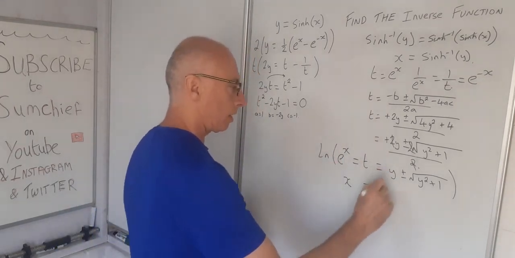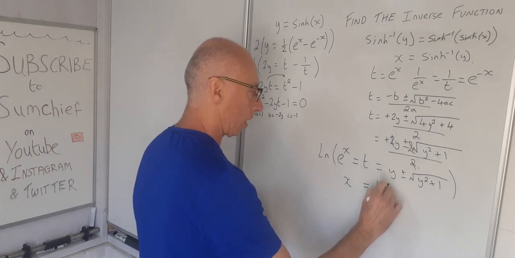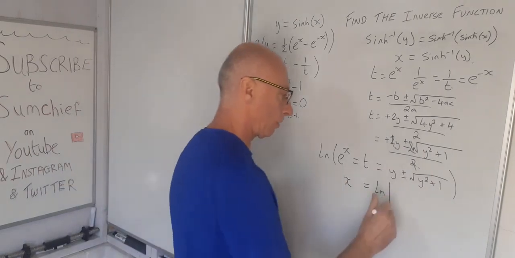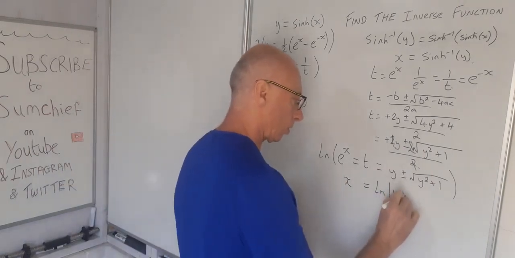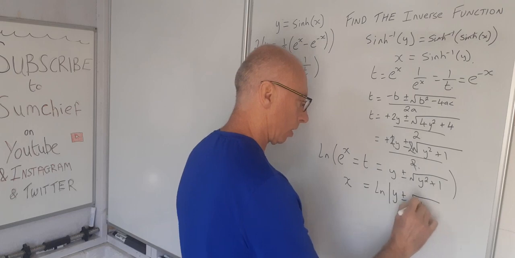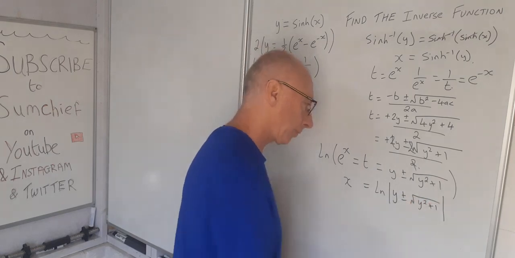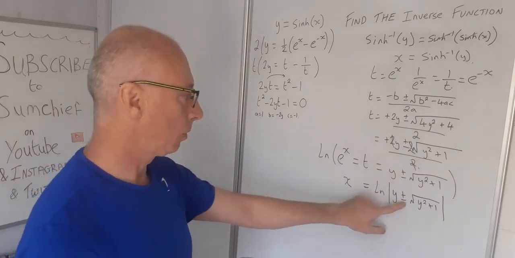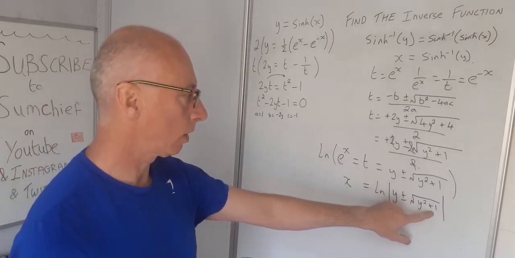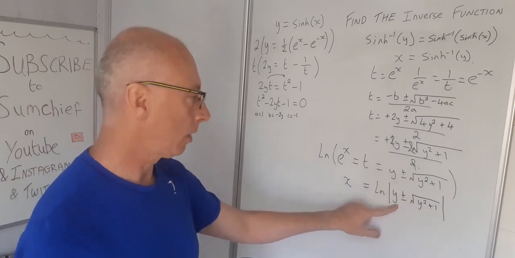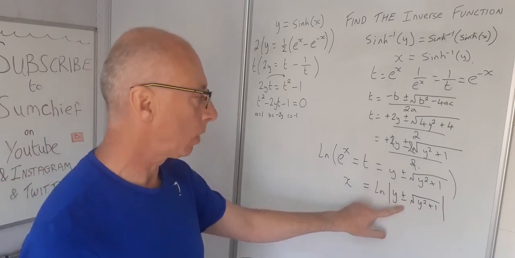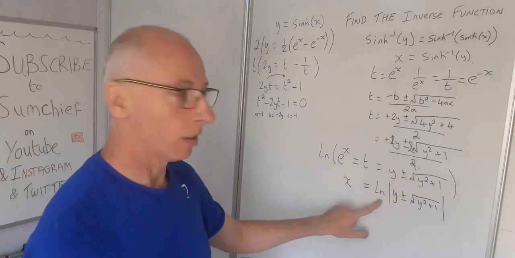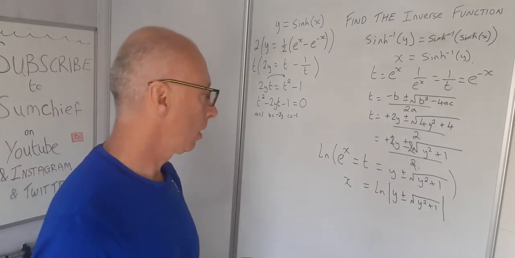And then log of this is simply log of the whole thing. Now we don't know if this is positive or negative at the moment, so we need the absolute value. So y plus or minus square root y squared plus 1. Okay, now this square root of y squared plus 1, and the y added onto it, if we subtract from it, we could end up with a negative. Now we don't want that in our logarithm because we're into complex numbers.